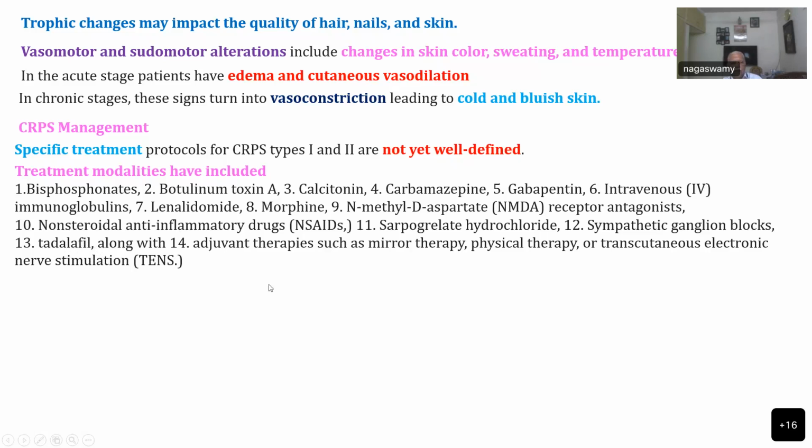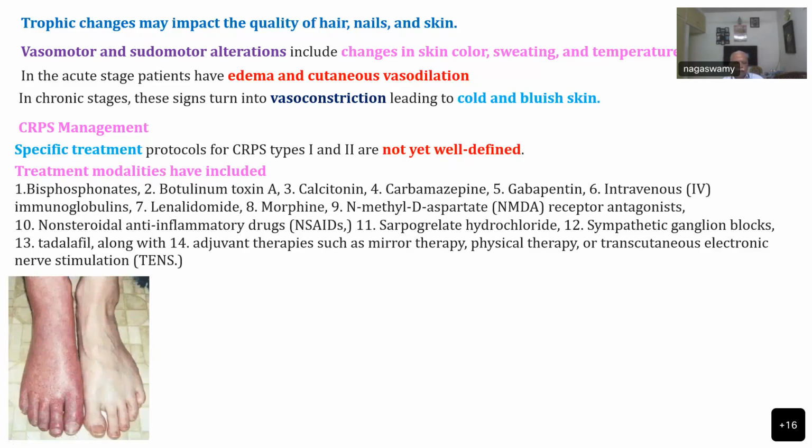So you can see so many drugs have been tried, which means that there is no particular effective drug or treatment. So you have to go for a multimodal approach. And as we said, the 4 P's is also a good way of writing the answer, where you can classify them into patient education, physical therapy, pharmacological therapy, and psychological therapy. That way it will be a good presentation.